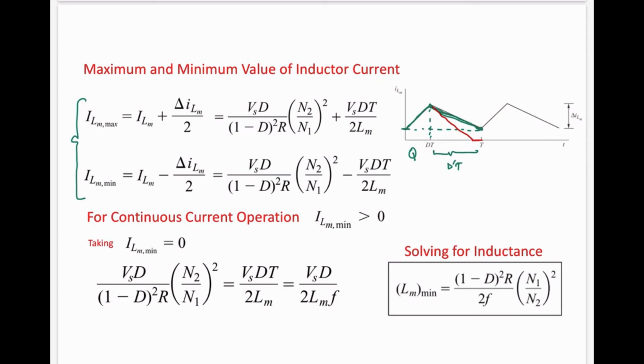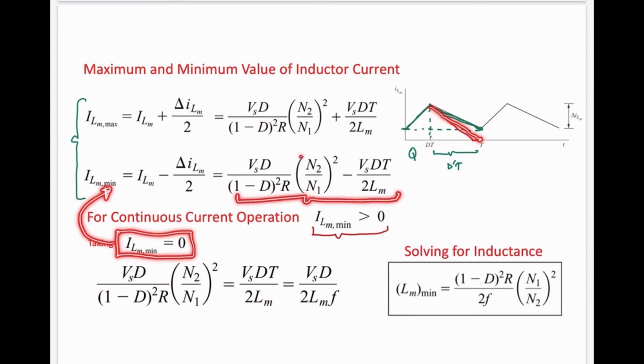But for continuous mode of operation, the current should not reach 0. So IL minimum should be greater than 0, or in the worst case, it can just touch the 0 value. So considering that IL minimum is 0 in this equation, I can say that this part should be equal to this part.